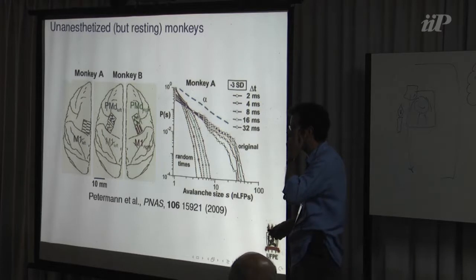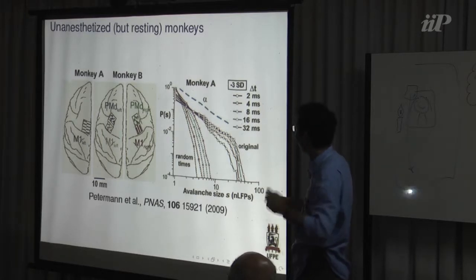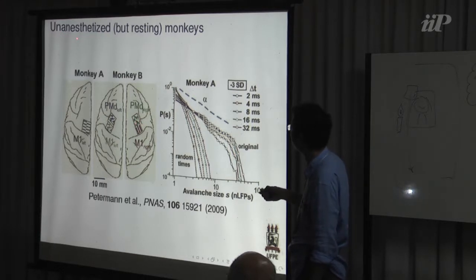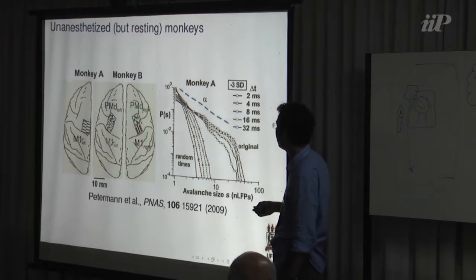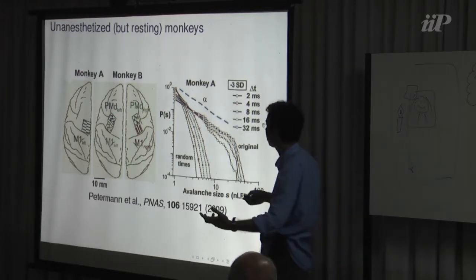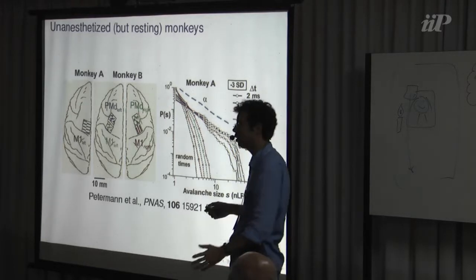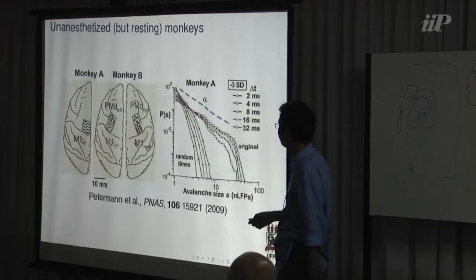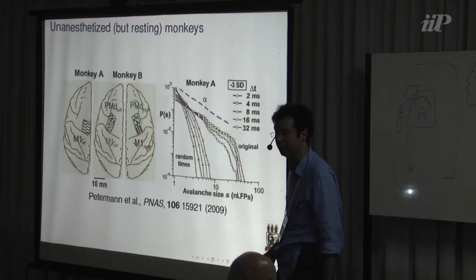My children cannot do that, for instance, right? And so it's very important to say that those monkeys are not anesthetized, so they're awake monkeys, but they are resting. So you're measuring brain regions which are involved with movements, with motor control, and they're not moving, so they're just quiet. And you see power law distributions like this.